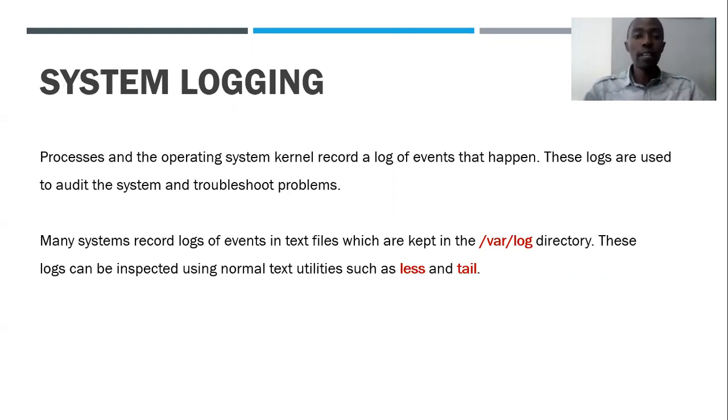We will immerse ourselves in the word logs. When we talk about system logging, these are processes, and the operating system kernel records a log of events that happen. These logs are used to audit the system and troubleshoot problems.